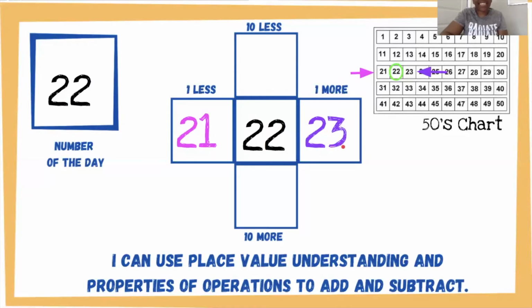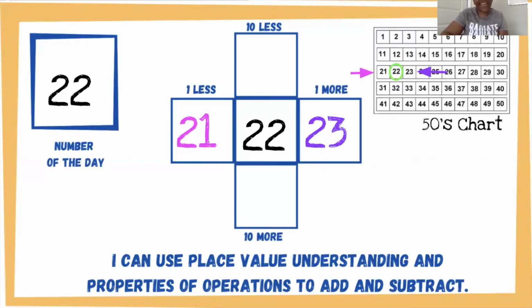All right, guys, let's see if we can find the number that is 10 less than 22. Again, now we're looking for the number that is 10 less than 22.